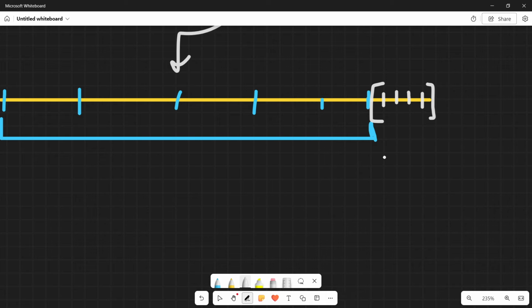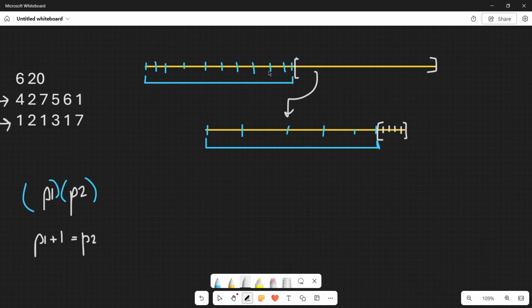Now if I try to check if I am left with the remaining petals of size P1, because this is P1 and this is P2, and also the remaining petals of P2, then I can simply summarize this one petal in this P1 only. If I summarize this one petal in this P1, it will become P2, because P2 is just one size greater than P1.